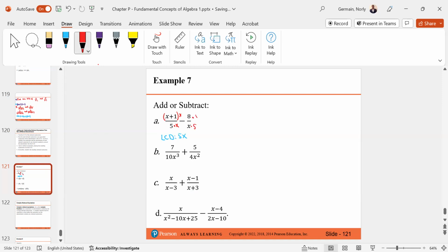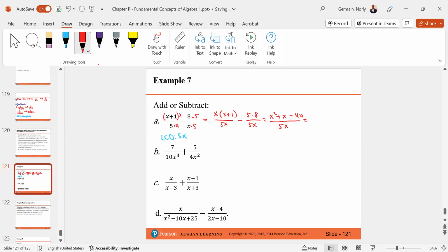So I end up having x times x plus 1 over 5x, minus 8 times 5 over 5x. Let's do it. We have x squared plus x minus 40 over 5x. Okay, now let's simplify.